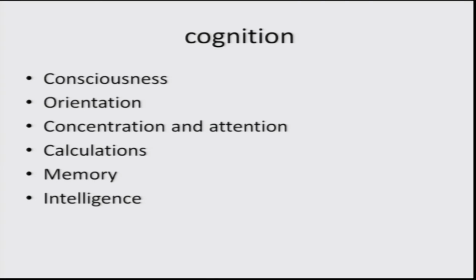The last part is cognition, where you will know whether you are talking to the person, whether the person is conscious, oriented to time, place, person, because these are signs of neurological illnesses.